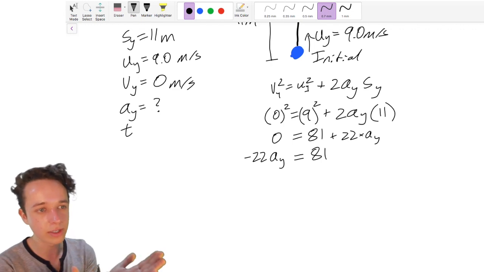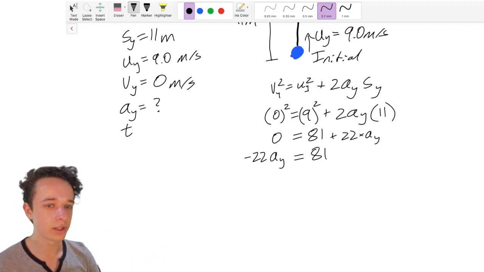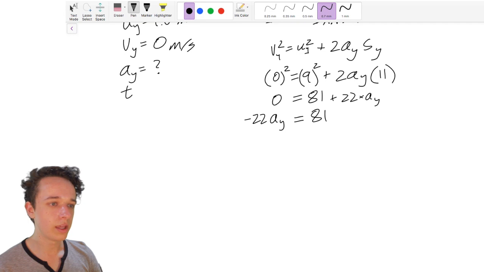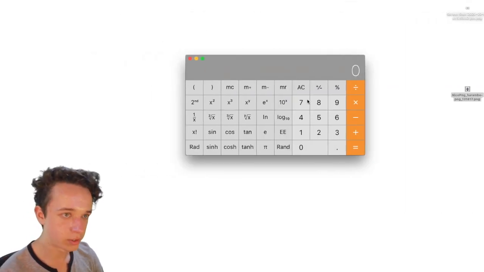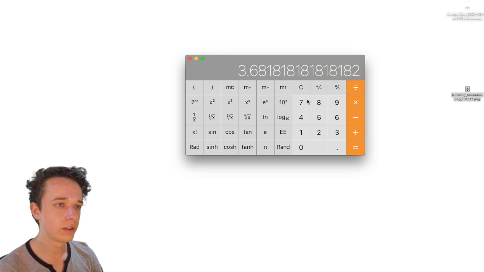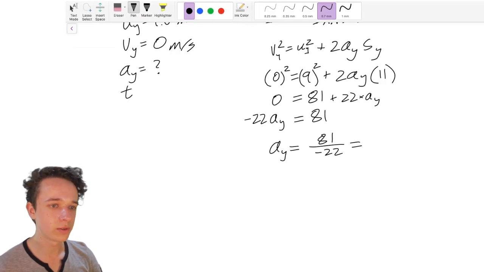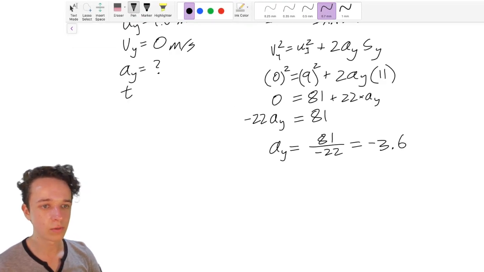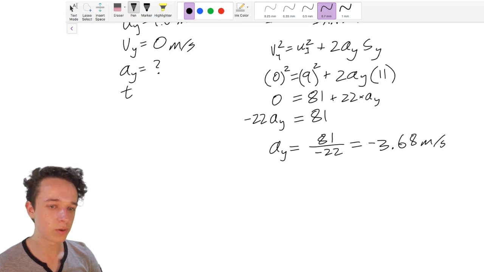That's just subtracting 22 AY from each side of the equation. And then we're left with AY equals 81 divided by negative 22. So 81 divided by 22 is, let's say, 3.68. So we are left with negative 3.68 meters per second squared.